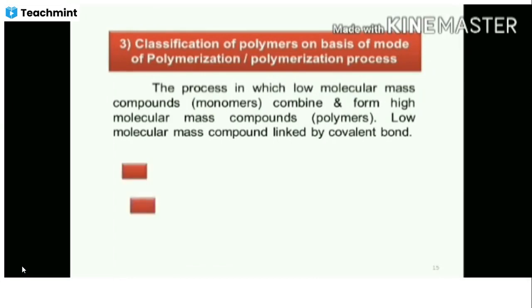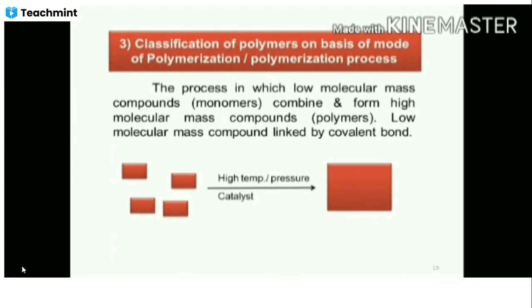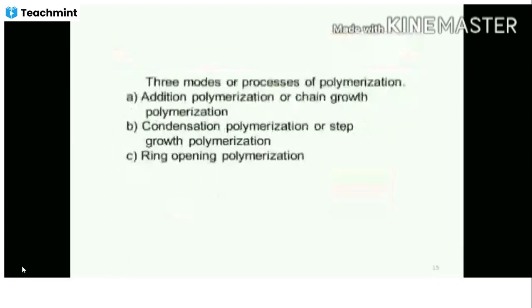These are the monomers, and then the product is a high molecular mass polymer. Now, three modes of polymerization: addition polymerization, also called chain growth polymerization; condensation polymerization or step growth polymerization; ring opening polymerization.